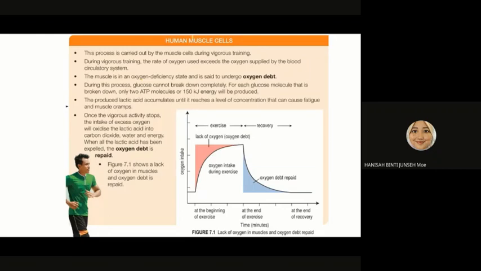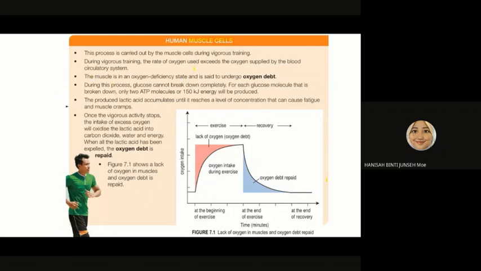Okay, mari kita pergi zoom in. Muscle cell. Actually, it starts with a normal aerobic respiration. For normal aerobic respiration, itu teacher suka tulis, tapi ini macam susah, teacher tidak boleh tulis.